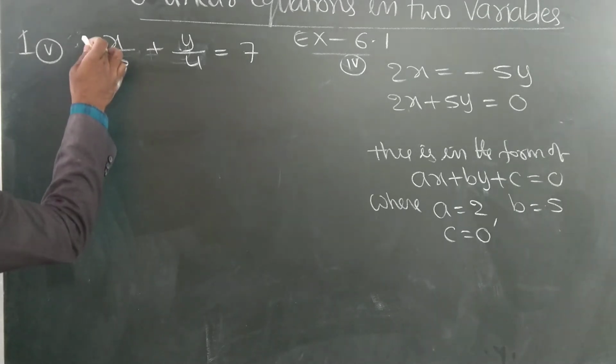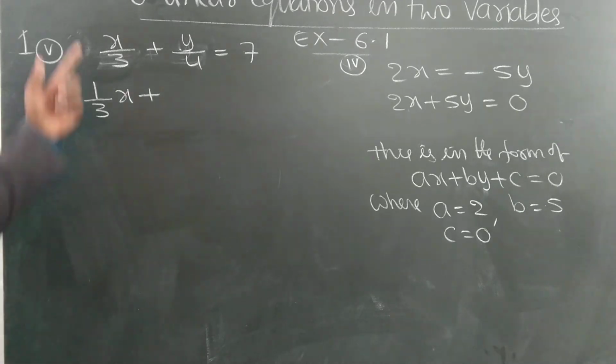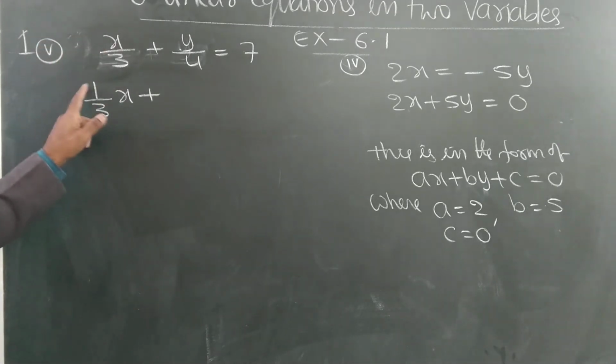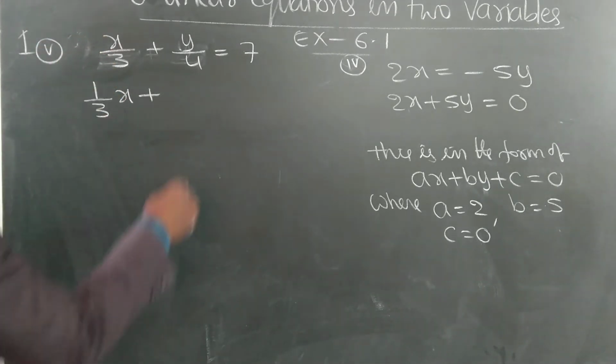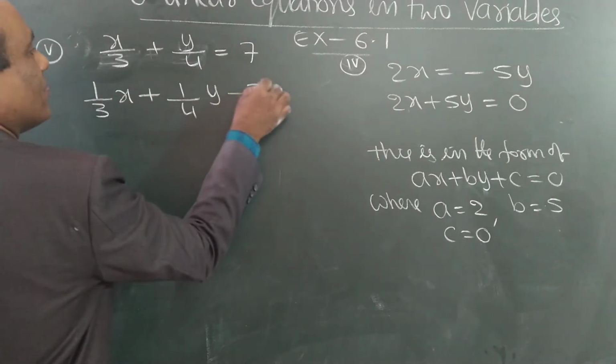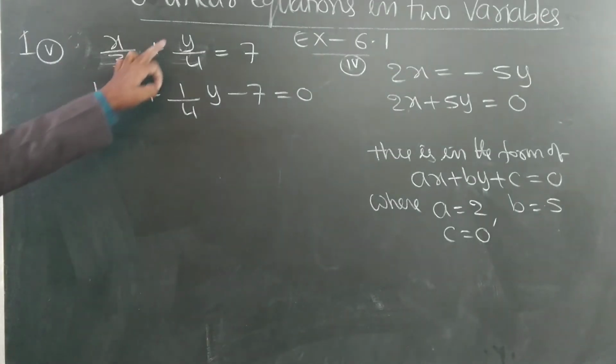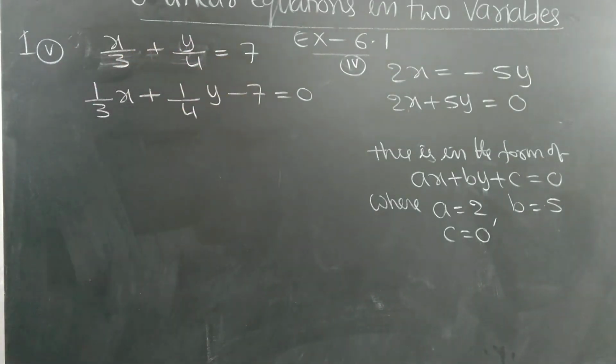We can write x by 3 as 1 by 3 into x. 1 into x, x only. So 1 by 4 into y, plus 7 this side minus 7. That's all. 1 by 3 x, 1 by 4 y minus 7.